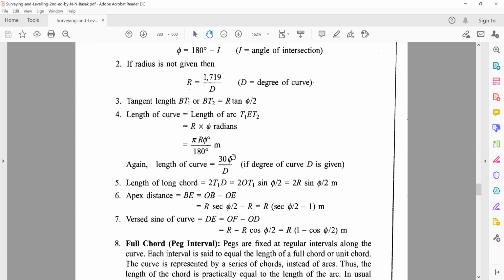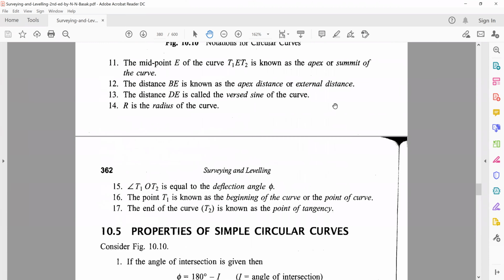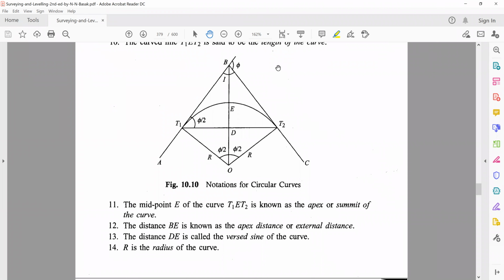You can do it if it's given in degrees, but we would be working in radians. Then we have the length of the long chord, which is the distance T1 D T2, and its total length is smaller than the curve length T1 E T2. To calculate it, we take the triangle T1DO or T2DO, with a right angle at point D, and the angle at point O is phi by 2.